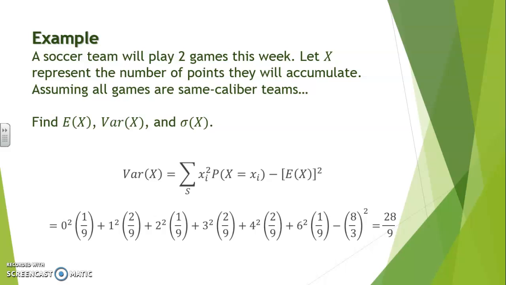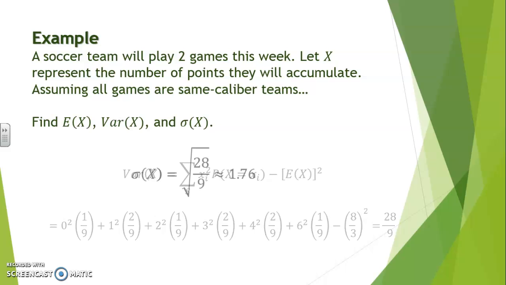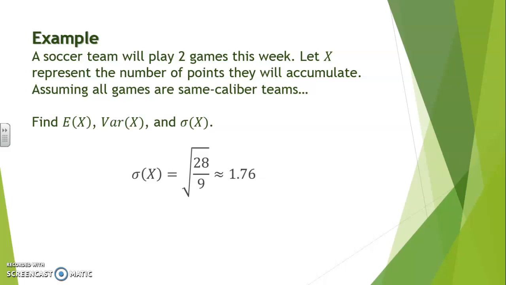At the end of that sum, we subtract the expected value squared to give 28 over 9 as a final result. In terms of units, these would be points squared accumulated, so it's very hard to interpret what 28 over 9 represents. However, if we calculate the standard deviation, which means rooting this number, we will get 1.76.